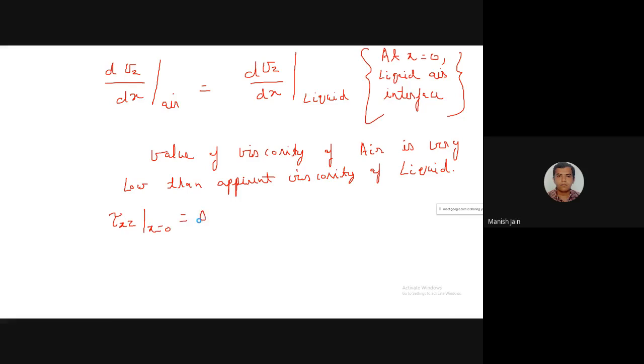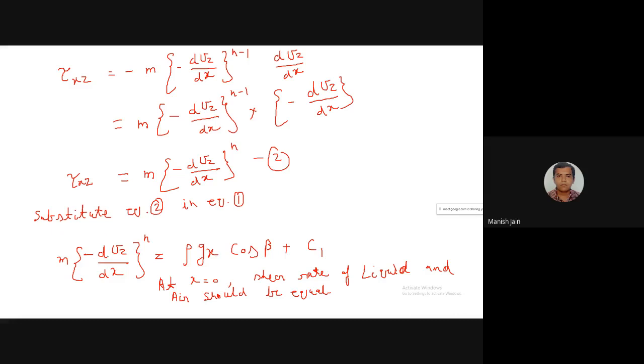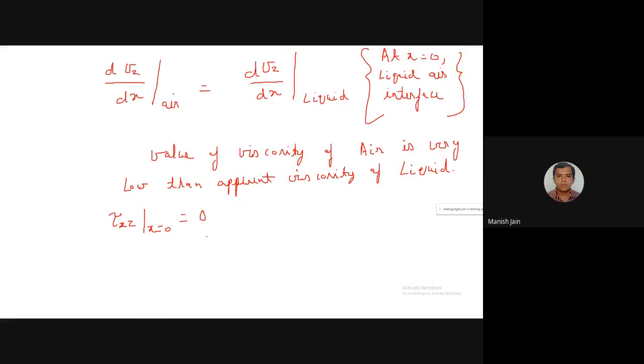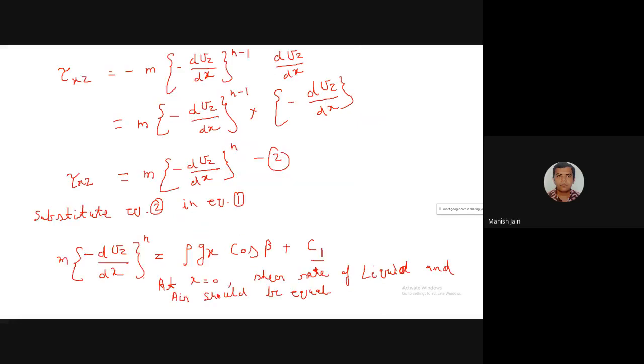Okay, so in this equation, if this value is 0, tau xz equal to 0 at x equal to 0, that means C1 equal to 0. Now your equation will become, suppose this is equation number 3.